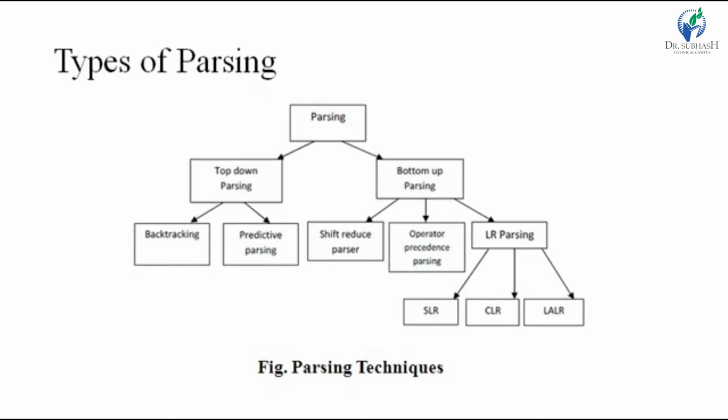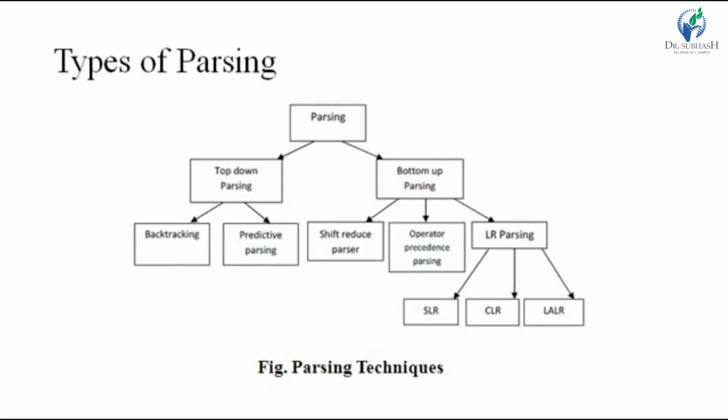There are mainly two types of parsing, top-down parsing and bottom-up parsing. In top-down parsing, the parser builds the parse tree from top to bottom, and in bottom-up parsing, it starts from bottom to top, meaning from leaves to root.